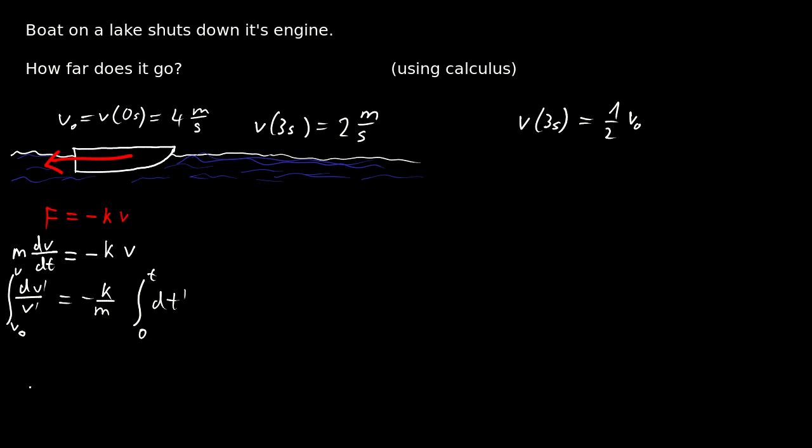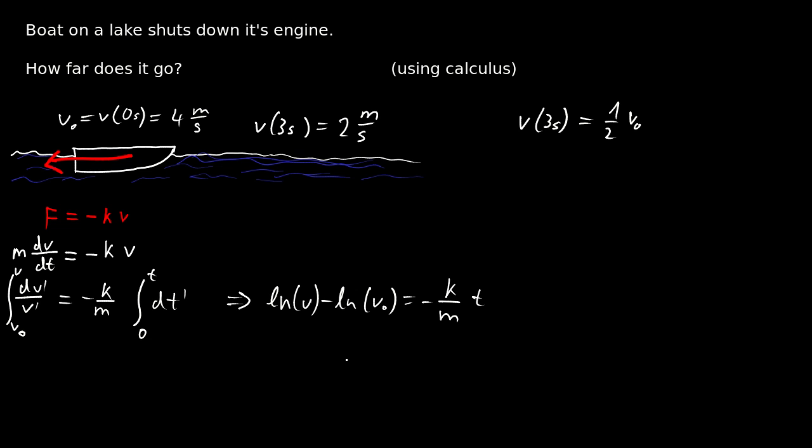Okay, let's calculate this. That is the natural logarithm of v minus the natural logarithm of v0 on the one side, and on the other side, this is constant, so we can leave it in front of the integral, minus k over m times the integral, which is just t.